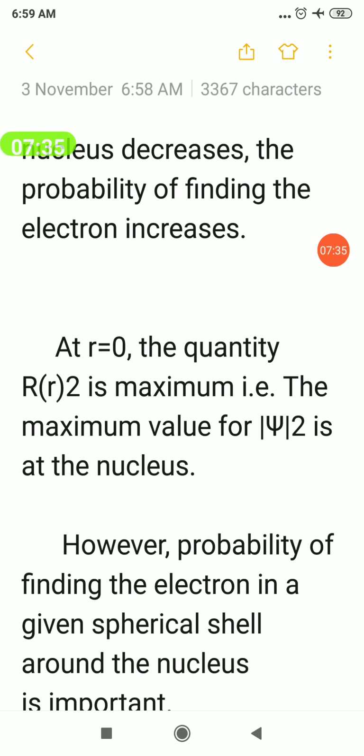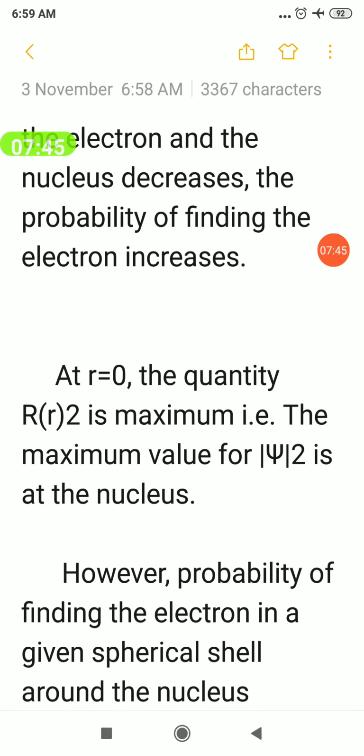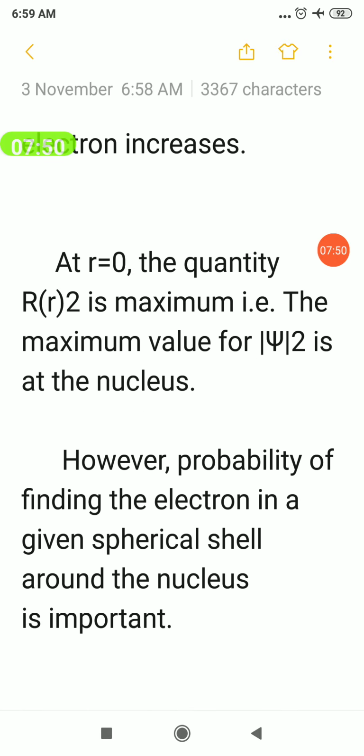At r equal to 0, R of r squared, that is the probability density, is maximum. r equal to 0 means there is no distance, the electron will be present in the nucleus, that is, very close to the nucleus.